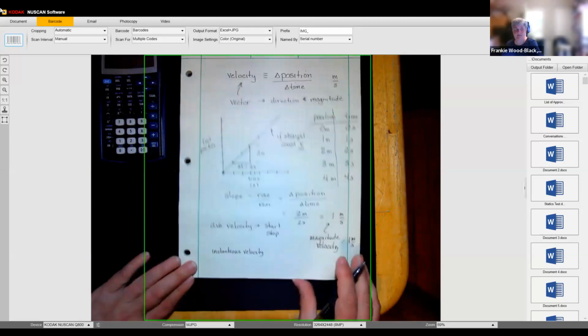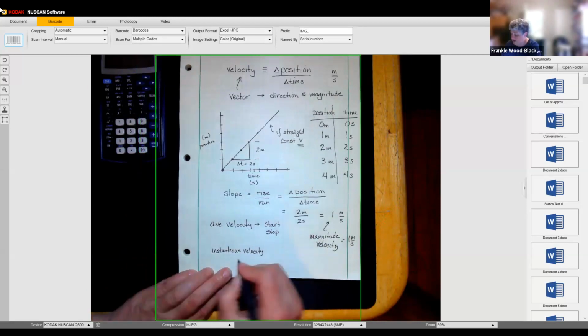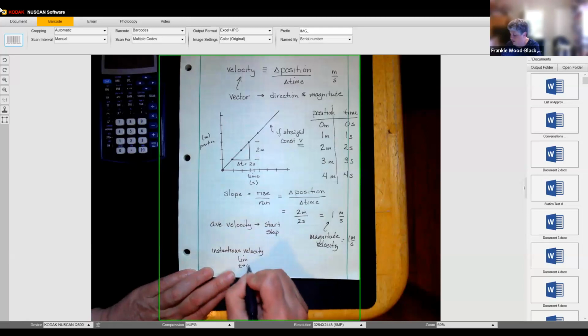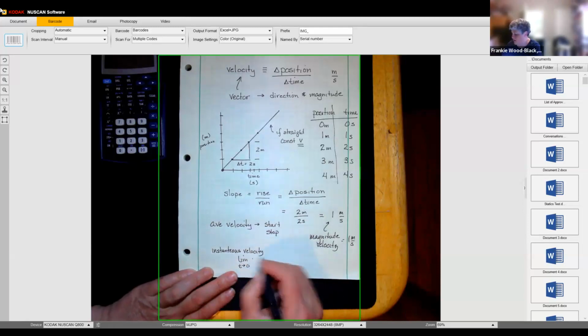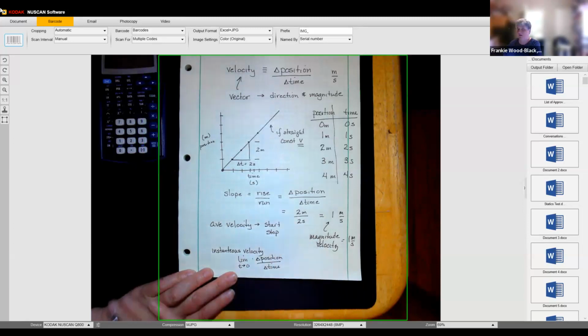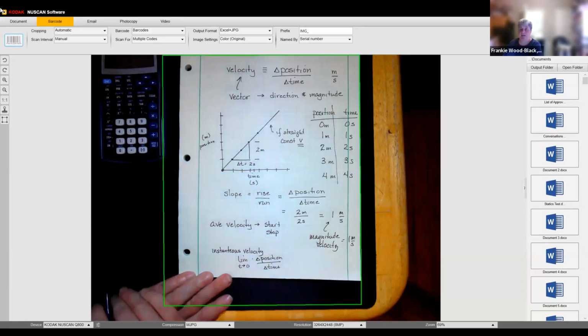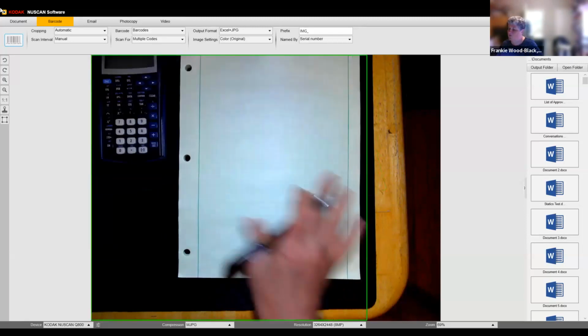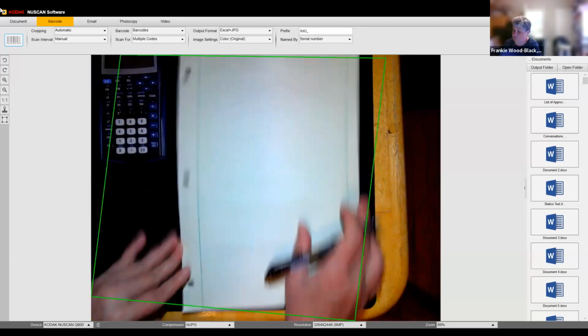And that instantaneous velocity is what we call a limit as time is approaching 0 of my change in position over my change in time. And I think we discussed it a little bit on Thursday of last week, that I'm looking at a slope.